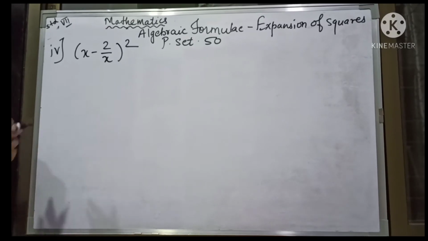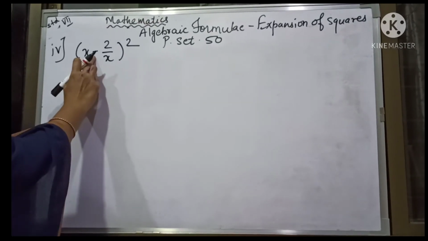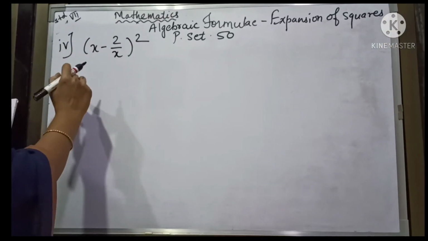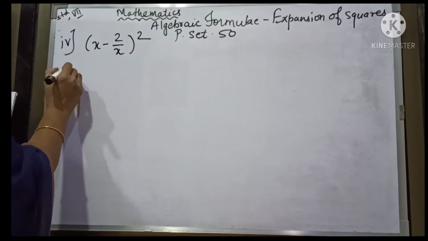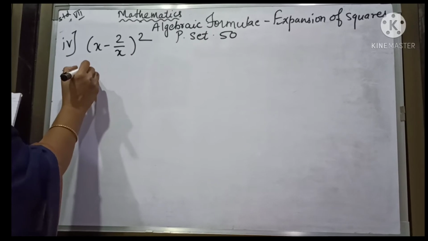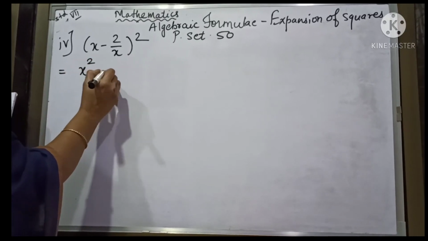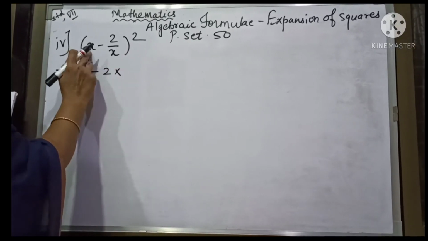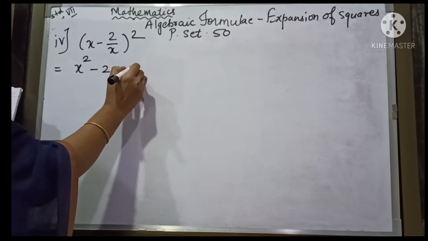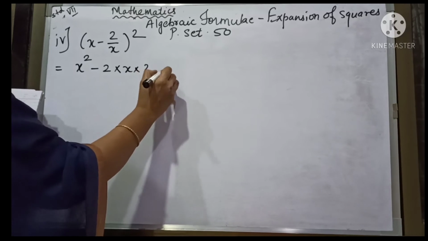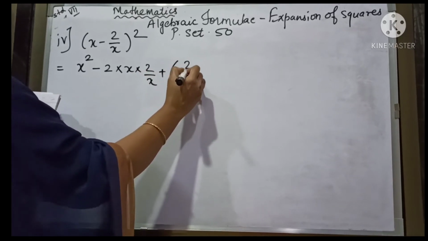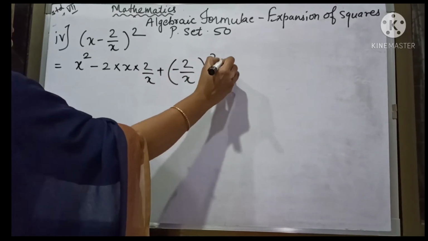Now we will solve the fourth sum, (x - 2/x square). So we will be using the expansion formula, first term square minus 2 into first term into 2 upon x plus (minus 2 upon x) whole square.